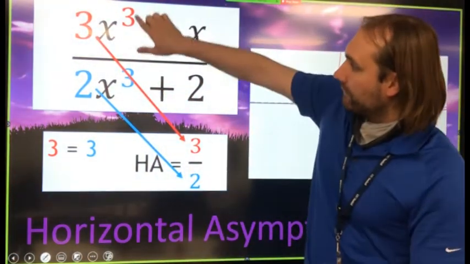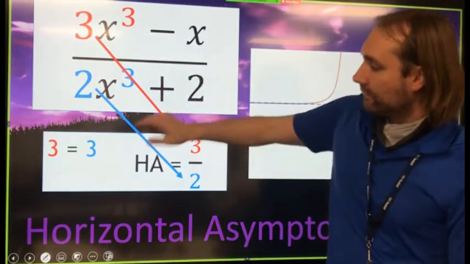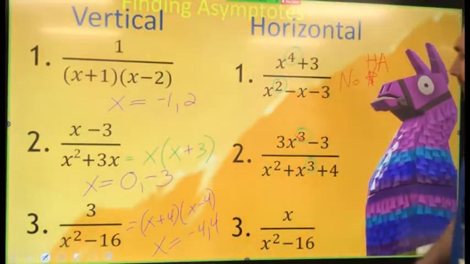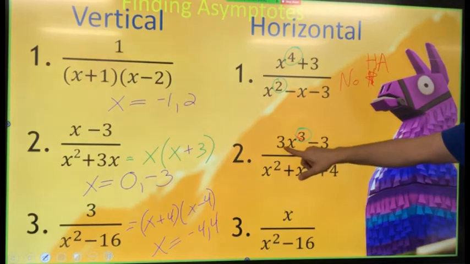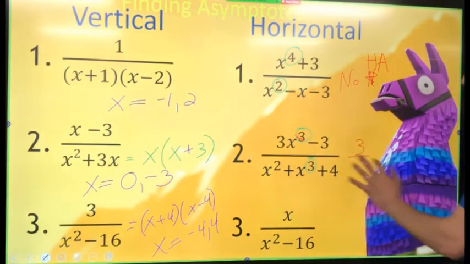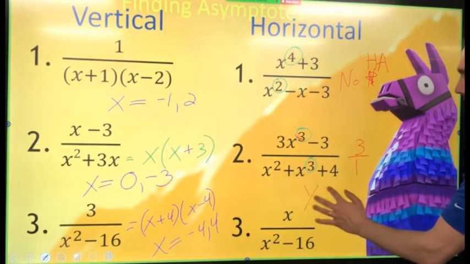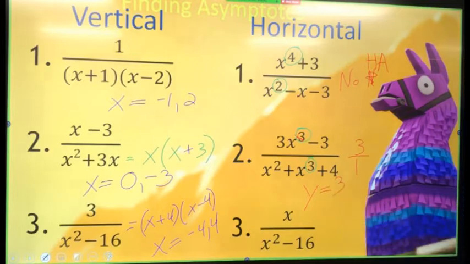When they're equal, you then want to focus on the coefficients in front of them. What's my coefficient in front of x cubed? 3. What's the coefficient in front of this x cubed? 1. So therefore, my horizontal asymptote is y equals 3. 3 over 1 is 3.